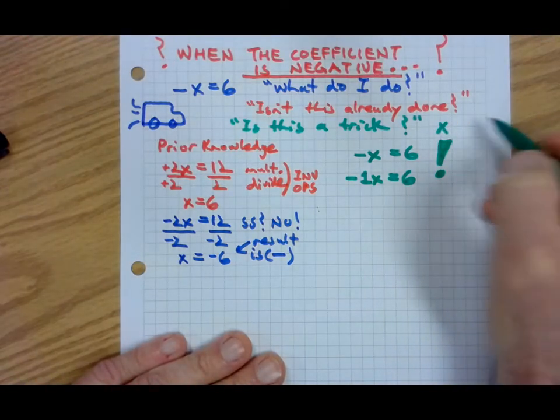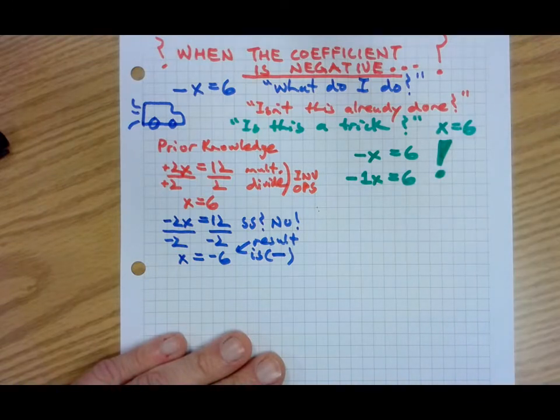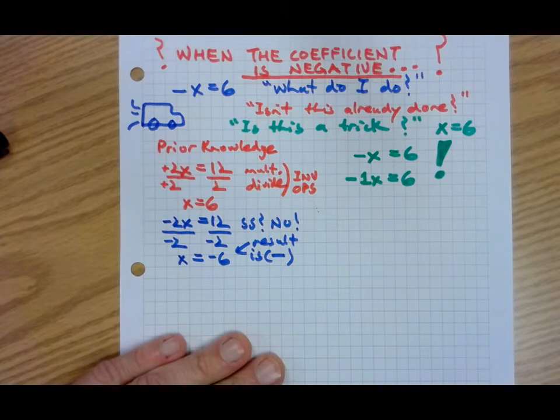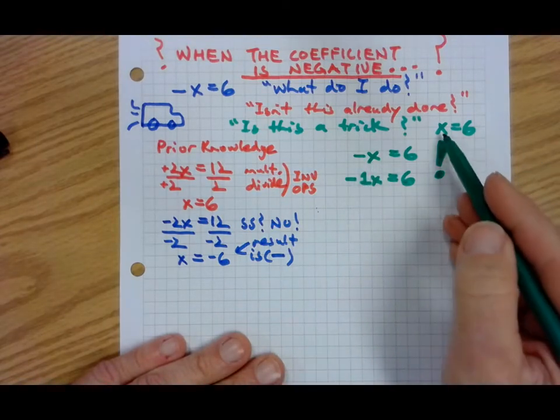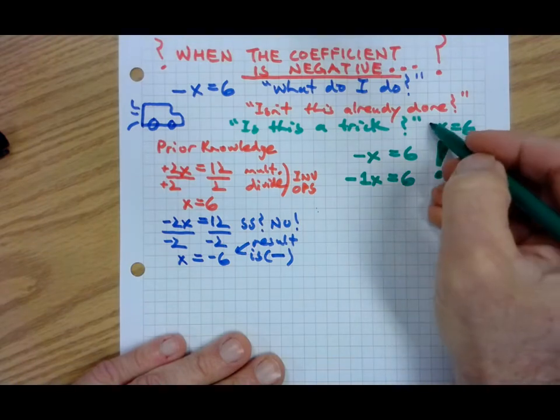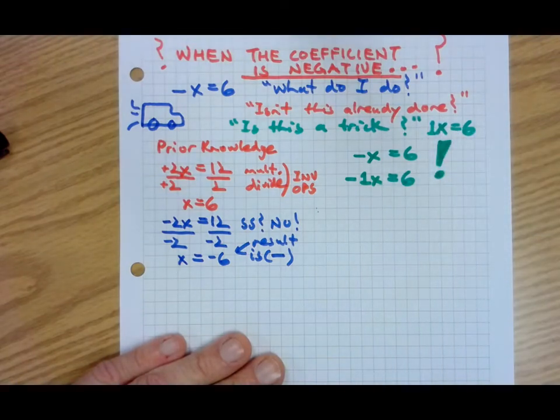That's positive, right? If it just said that, you would say, oh, x equals 6. And I would ask, is that positive or negative? You'd say positive. Well, this one's negative. How many x's are there with the positive? There's 1, so that does have a coefficient. It's just invisible.